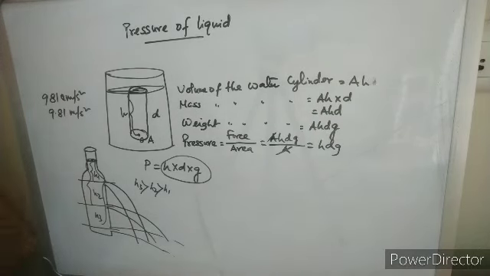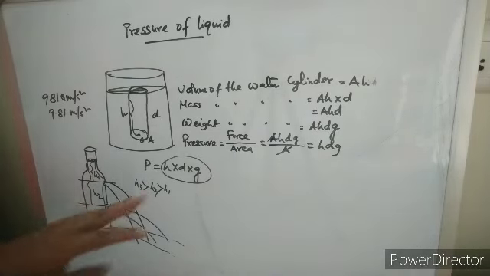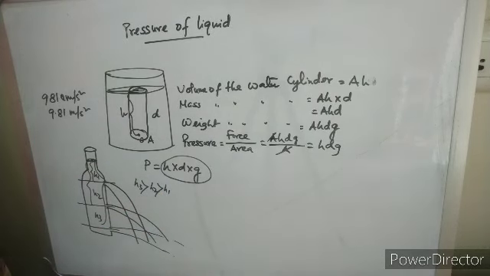The density of whatever liquid you are using inside that bottle, basically we are using water because it is easily available, it is not a dangerous chemical compound for our skin and for our usage, and you can't purchase this liquid from outside. So this is a very easy experiment. Through this experiment, the density of that liquid or water is not changing, and the gravitational acceleration will not change. So what is changing is the height.